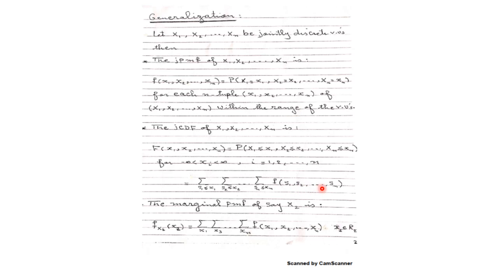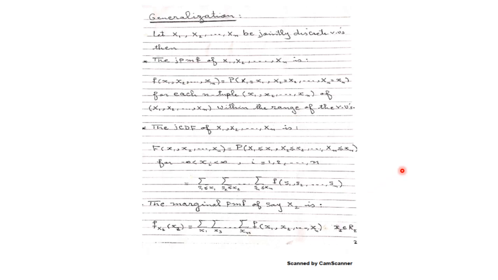You sum the joint probability mass function, this one, right? You sum it over these regions, right? So that's why we write here s1 less than or equal to x1, s2 less than or equal to x2, sn less than or equal to xn, and we use s1 up to sn here. We didn't want to use x1 because if we use it here and here, it will be a little bit confusing. Yeah?